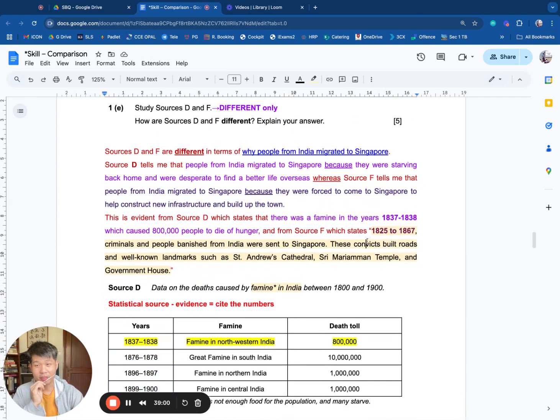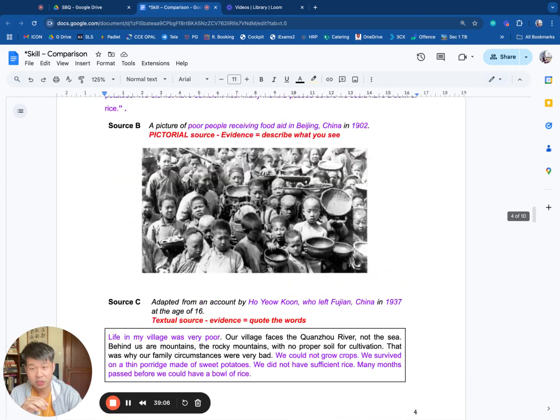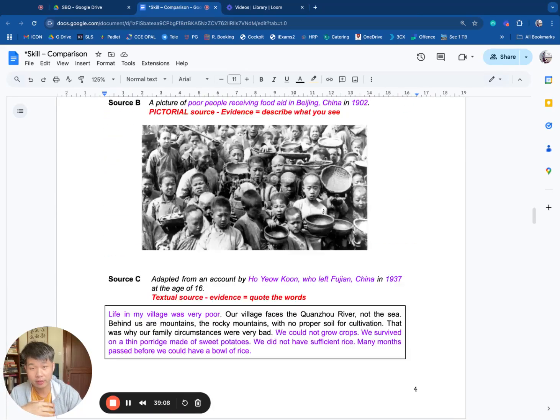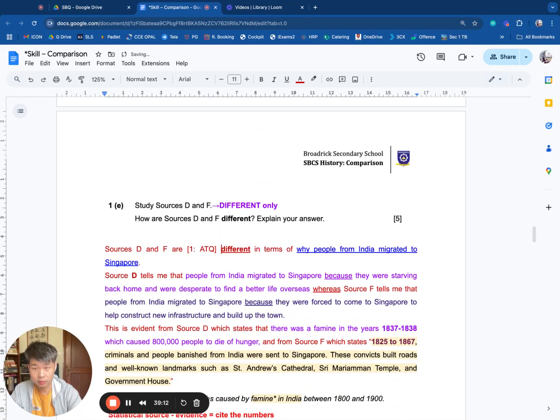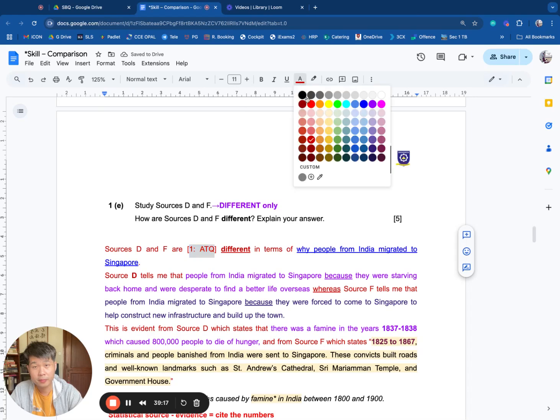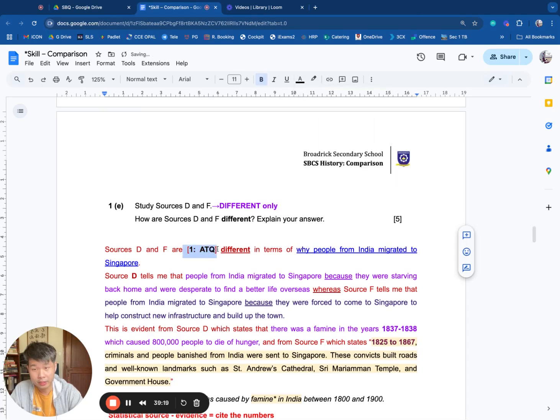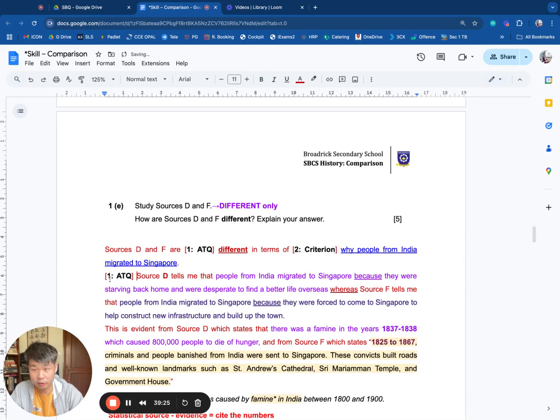Okay, and you can write this on your foolscap also. So to conclude the lesson, similarity is 3 steps: ATQ, combined inference, evidence. Difference is 4 steps: ATQ, criterion, contrasting inferences.